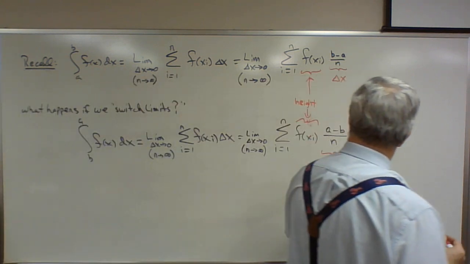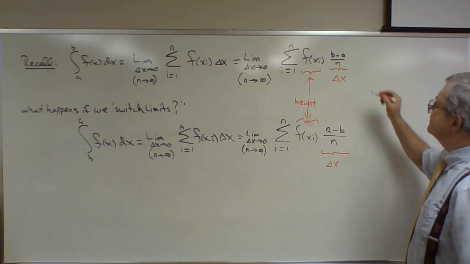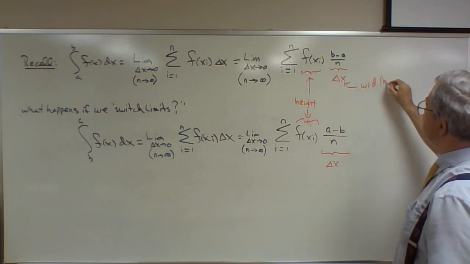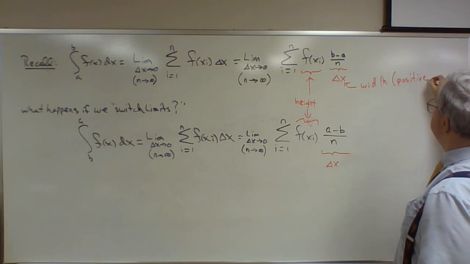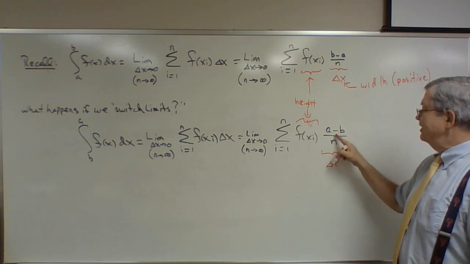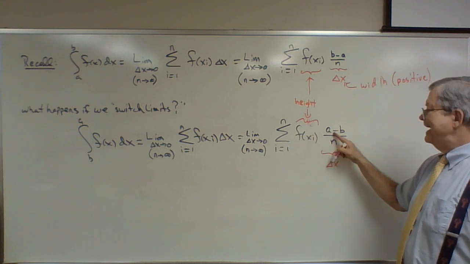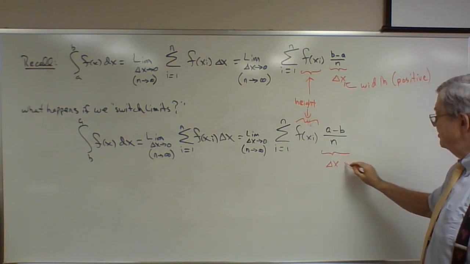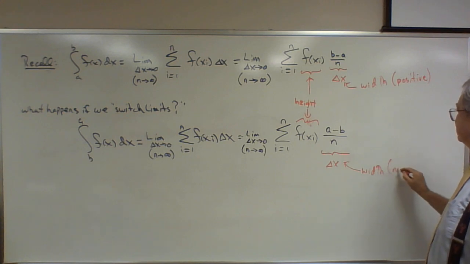And in both cases, our delta x is the width. But here, the width of each rectangle is positive. Here, look at this, a is less than b. We're taking a negative length and dividing it by n. We're going to get a width that's negative.